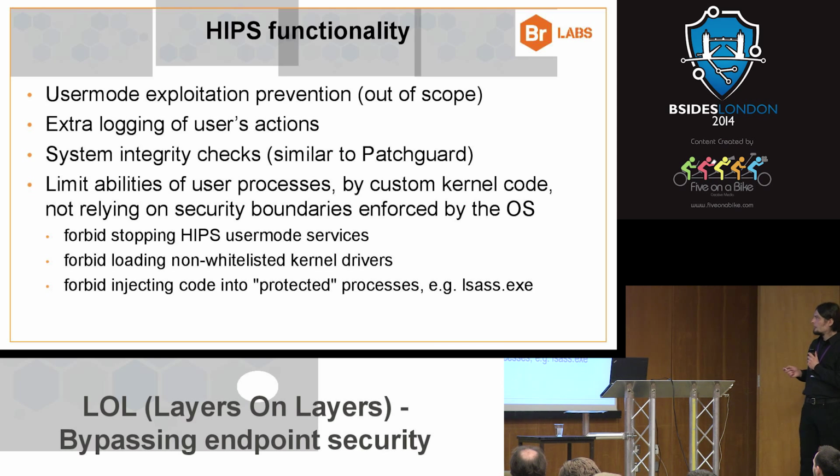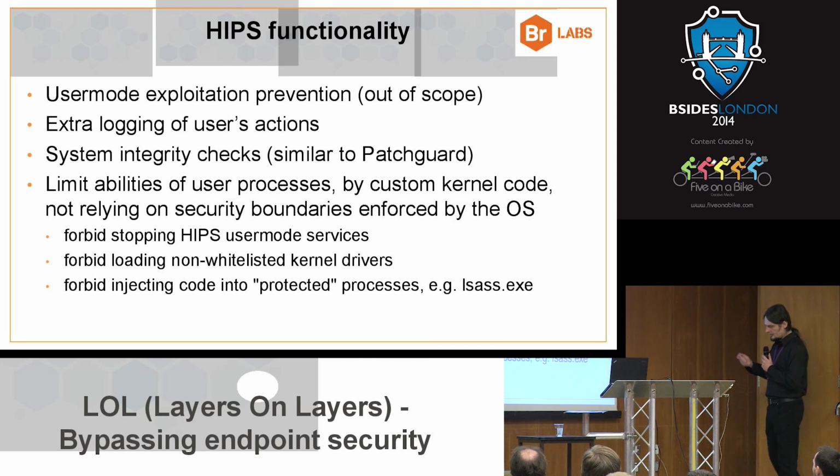Again, not relevant to the subject of this talk. It might be quite interesting if it works, but again, not relevant for now. Many HIPS feature some extra logging of user actions, right? So whenever you access some resource, it's logged for some forensic purposes. Nice, but again, not much relevant.